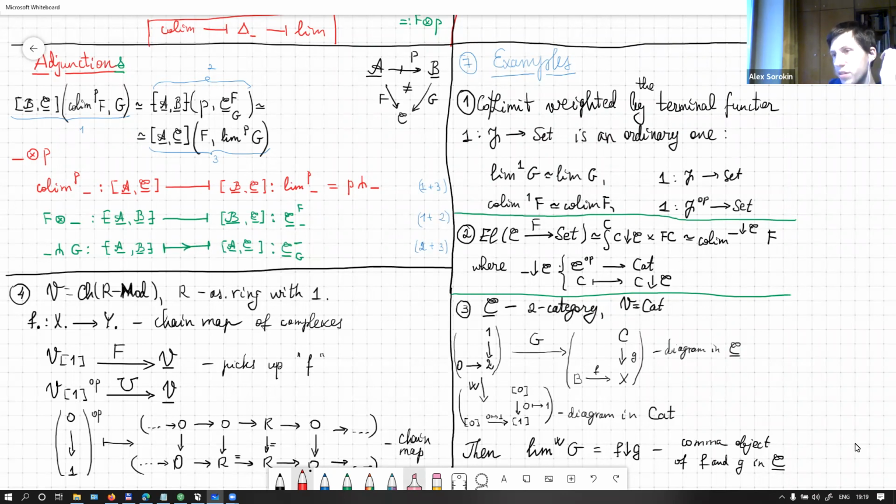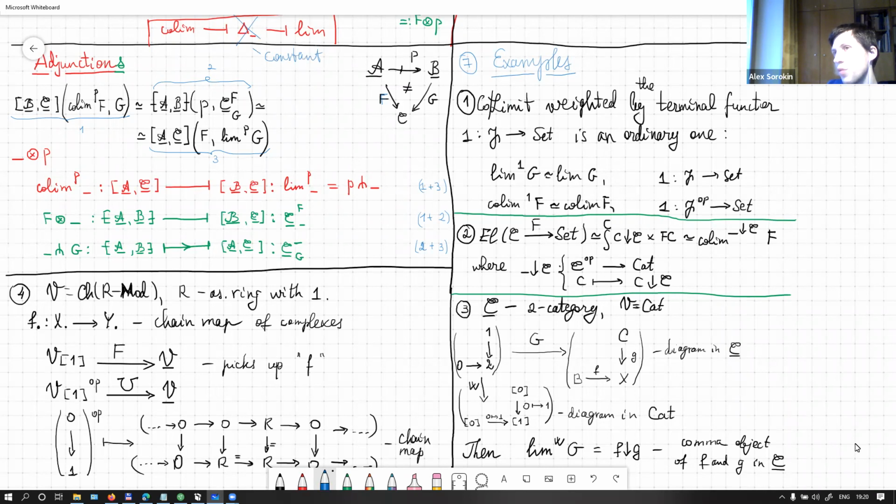Because there are no constant functors in our enriched setting. Again, we are starting from a profunctor P and two functors F and G, and we are writing two formulas. How can we obtain them?